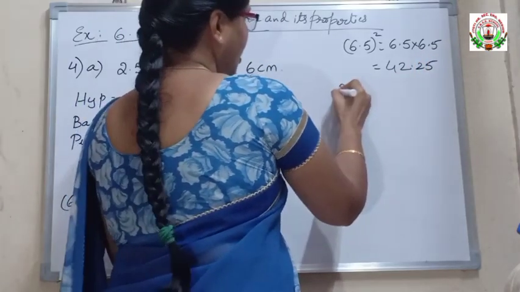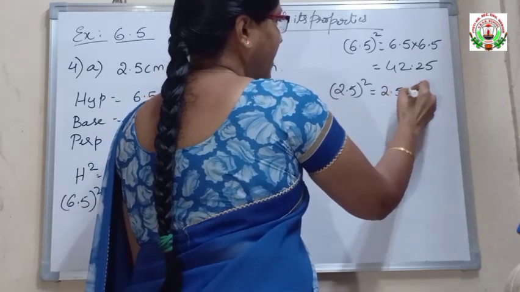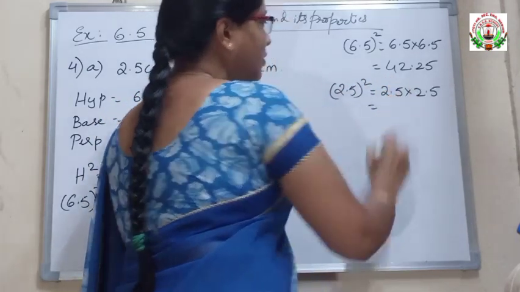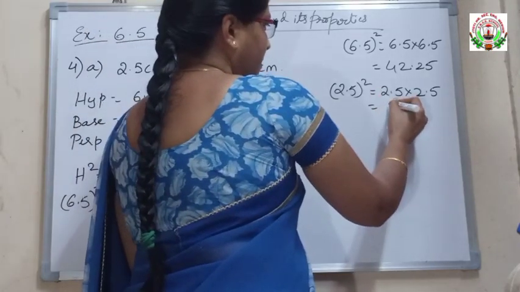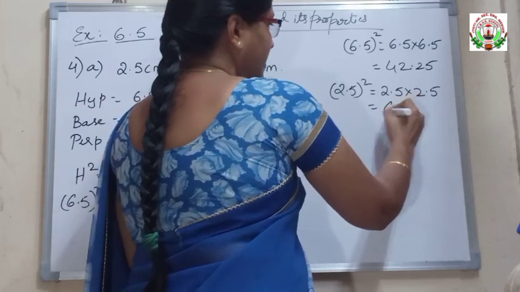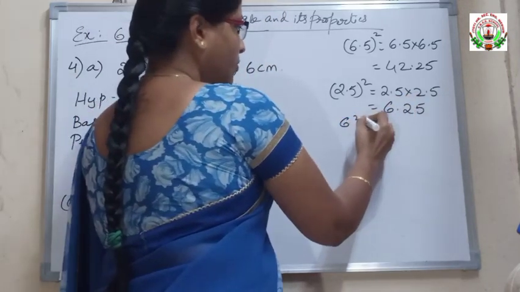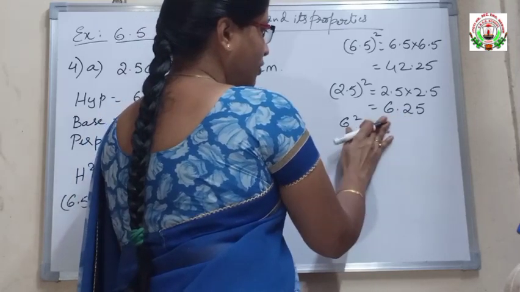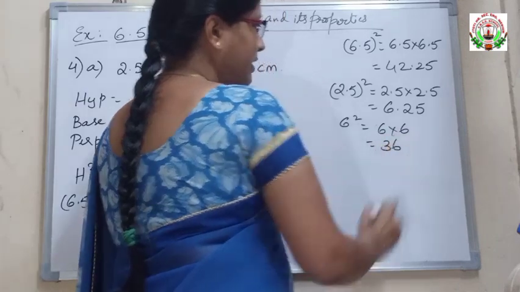And 2.5 square will be 2.5 into 2.5, so it will be 6.25. And 6 square will be 6 into 6, so 36.